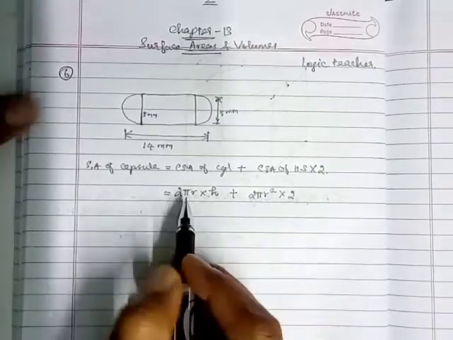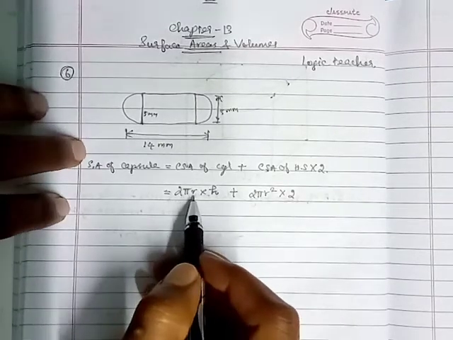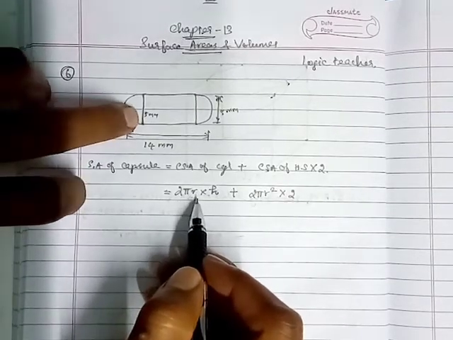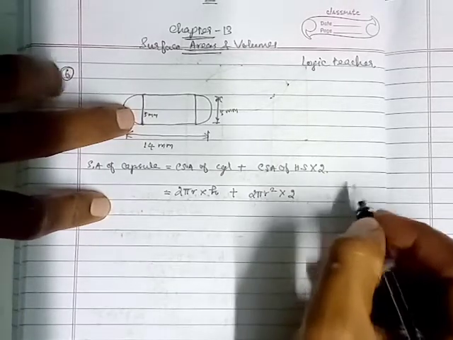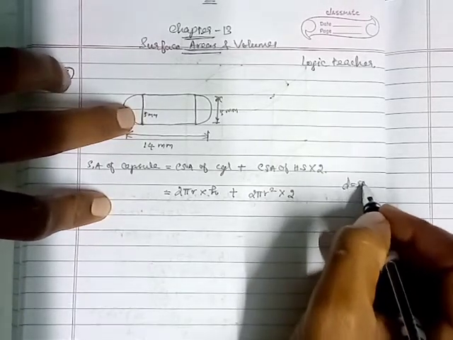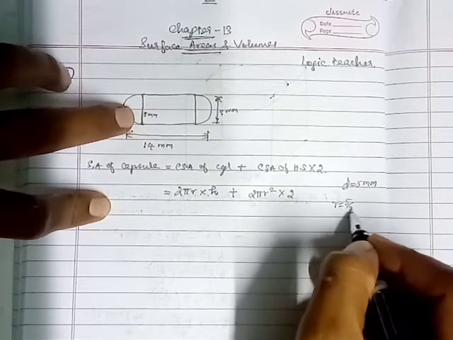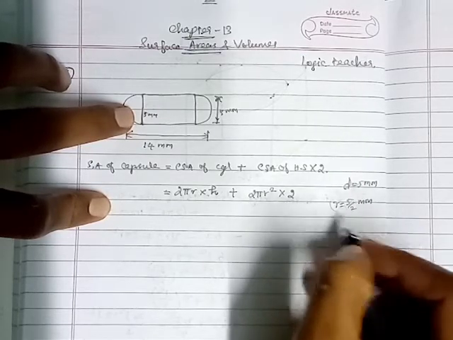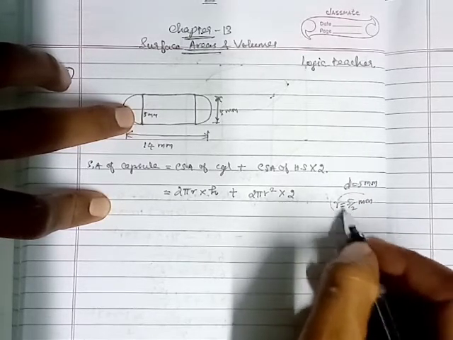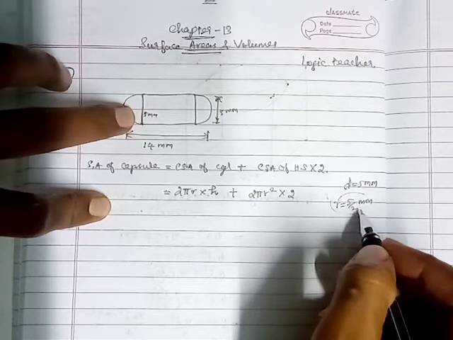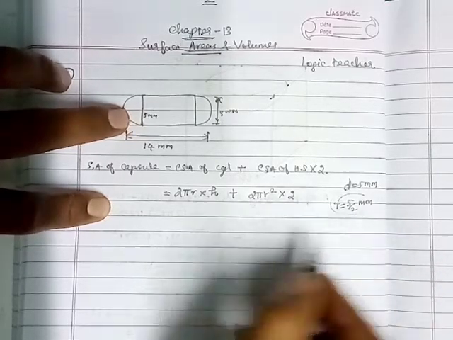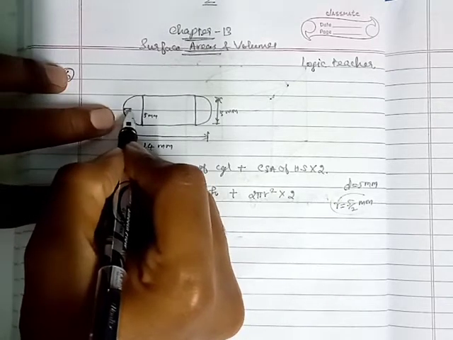So we need the radius. What's the radius here? Diameter is 5 mm. So radius is 5 by 2 mm. You keep values like this, don't divide here, it will be easy for calculation.